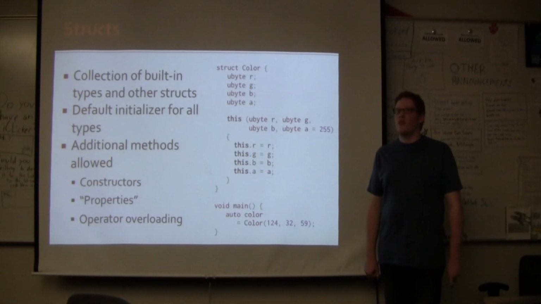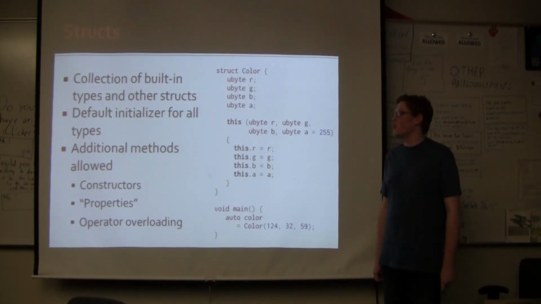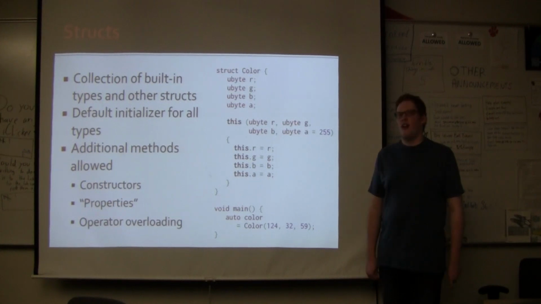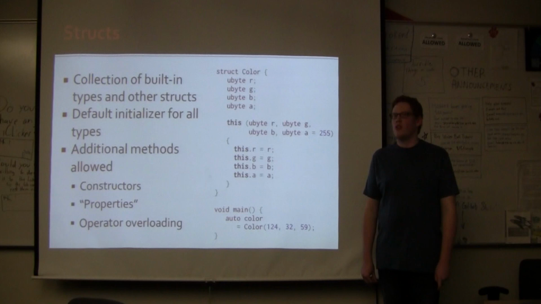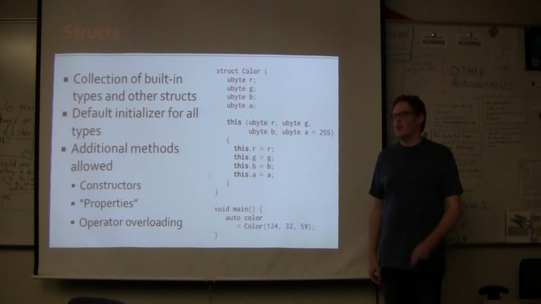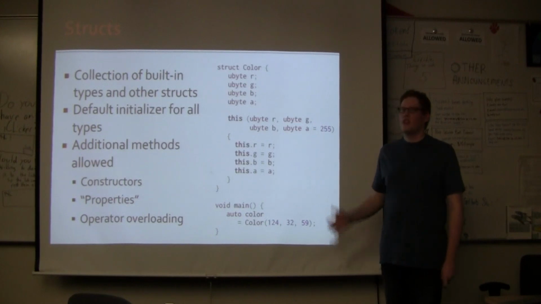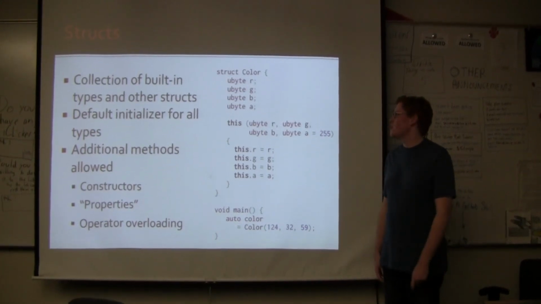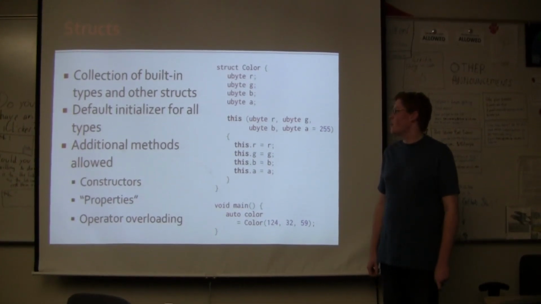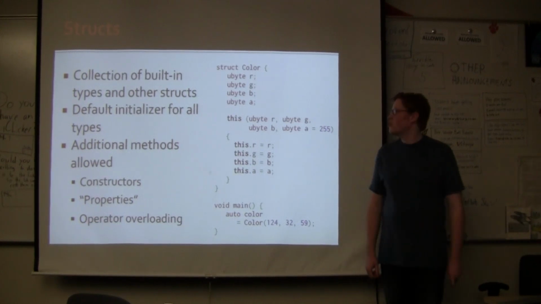Arrays and hash tables are not magic. You could do it yourself if you really wanted to. You can have an index operator, so you can do the array-style index. On my type, when you index it by an int, you can decide what happens there. So these are really powerful compared to a basic C struct.